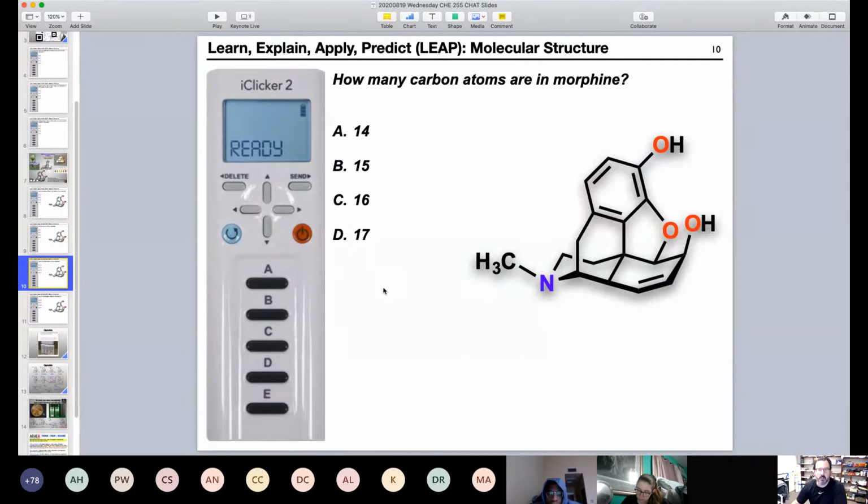Let's go to the next question. How many carbon atoms are in morphine?